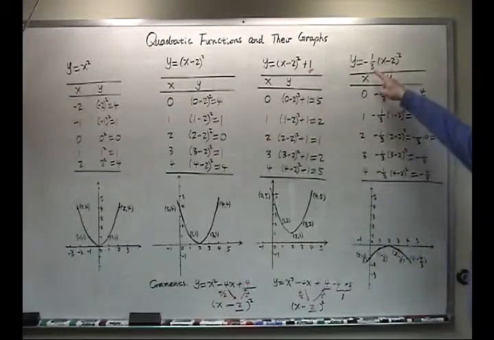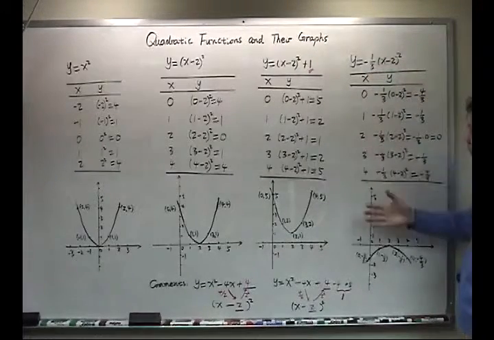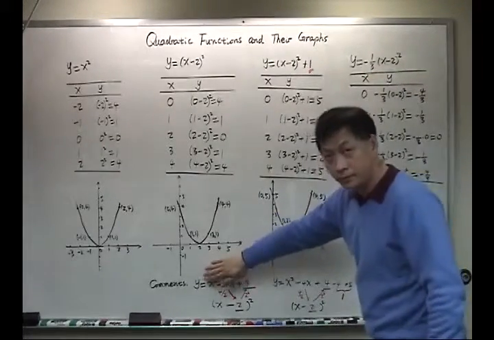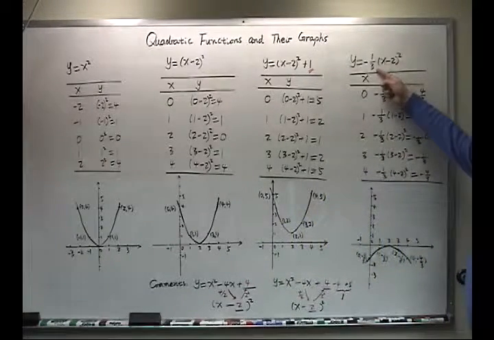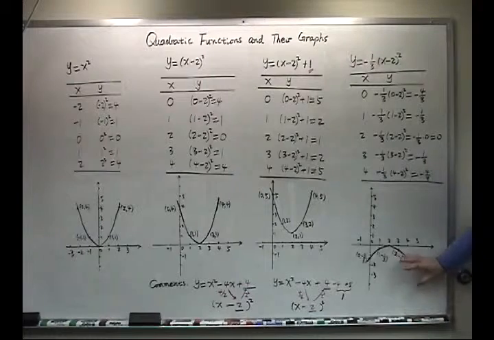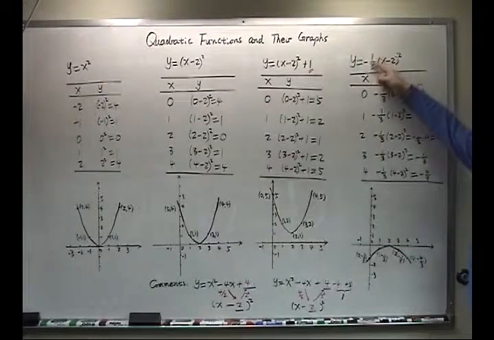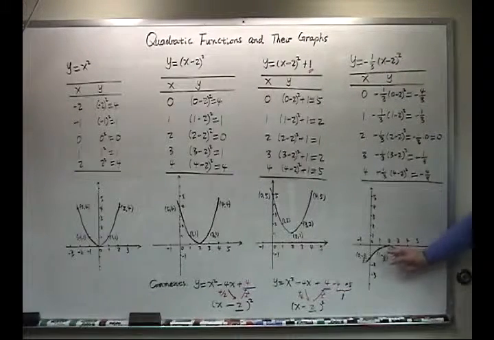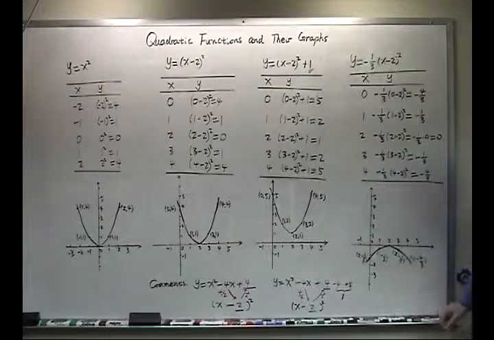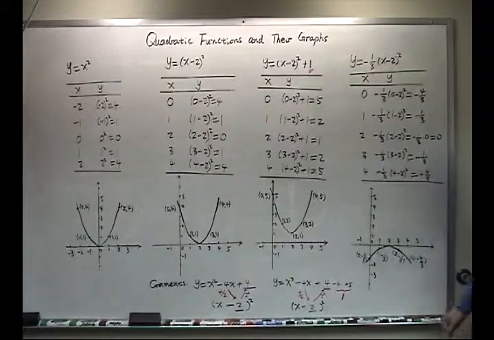Now here is negative 1/3, negative, you will flip the picture, and then 3 on denominator will make this coefficient less than 1. Okay, then you will flatten this graph. Means the picture open range is wider.